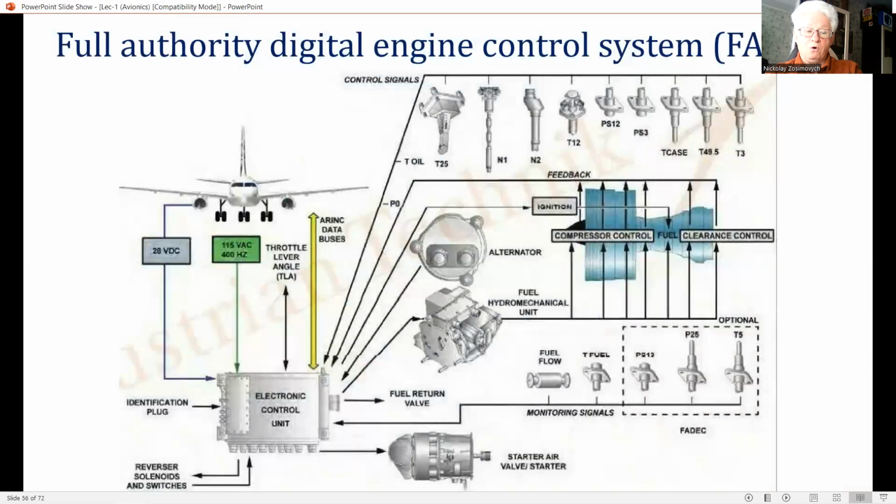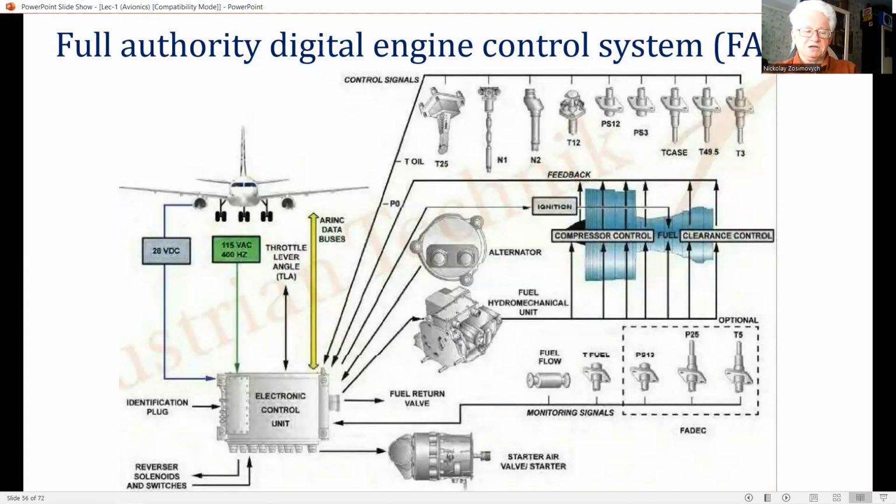The engine control and management system carries out the task of control and the efficient management and monitoring of the engine. The electronic equipment involved in a modern jet engine is very considerable. It forms an integral part of the engine and is essential for its operation. In many cases, some of the engine control electronics is physically mounted on the engine. Many modern jet engines have a full authority digital engine control system, FADEC.